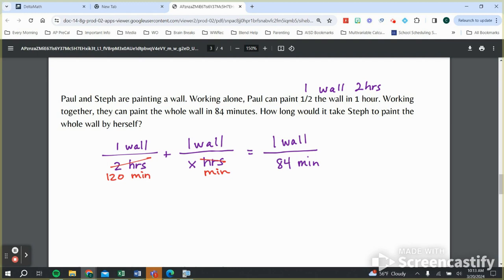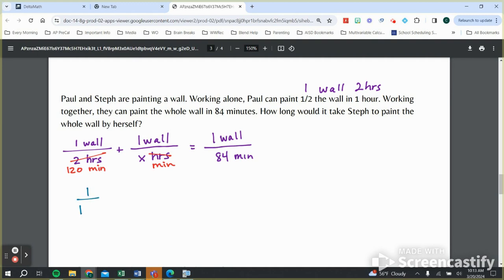All right. So my equation here that we're going to create: we have 1 over 120 plus 1 over x is equal to 1 over 84. What I'm going to do first is leave that 1 over x by itself.